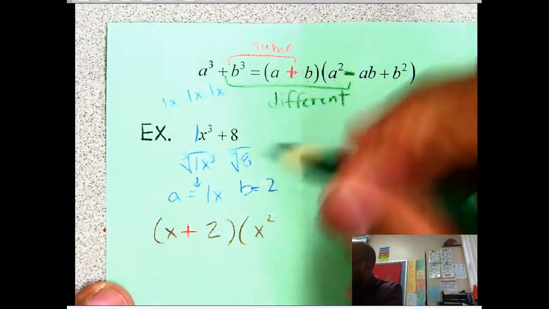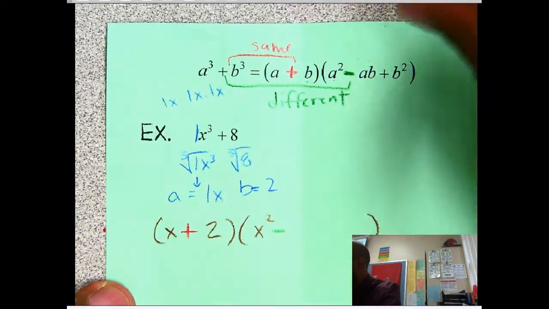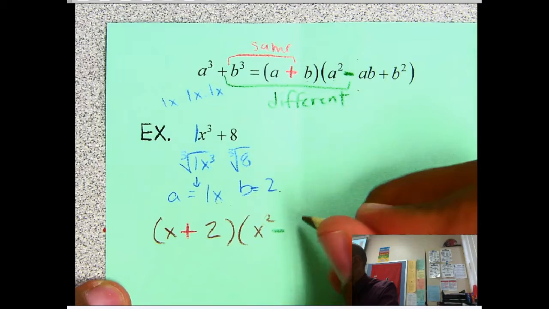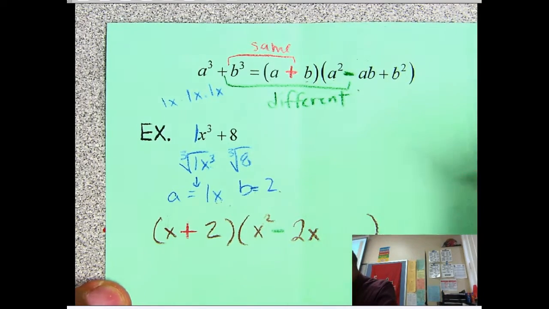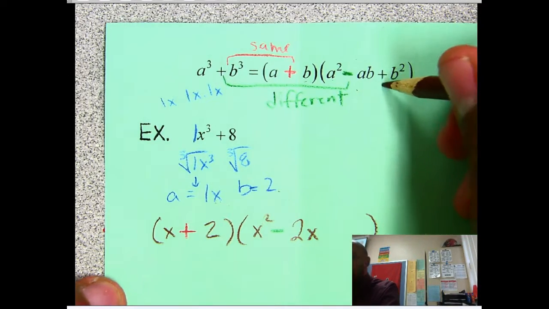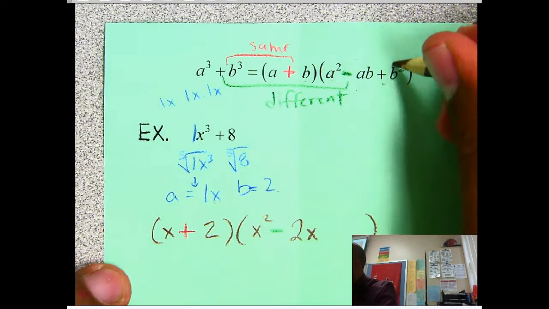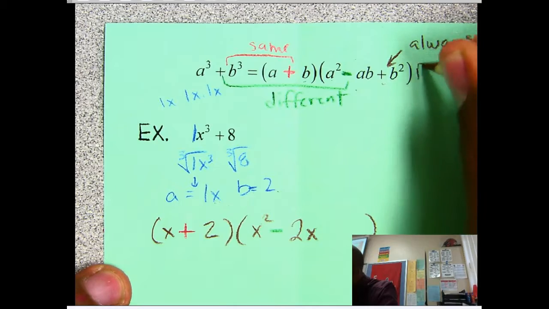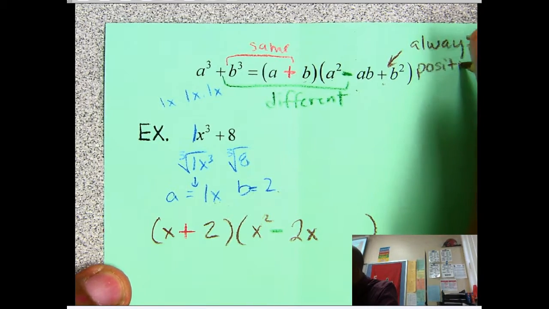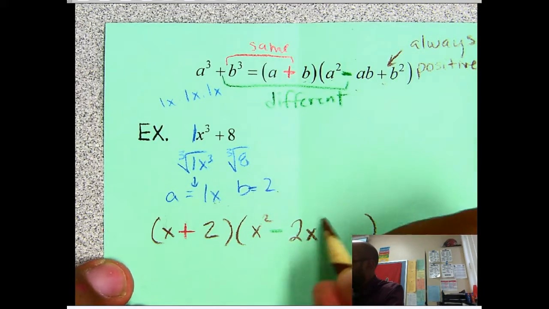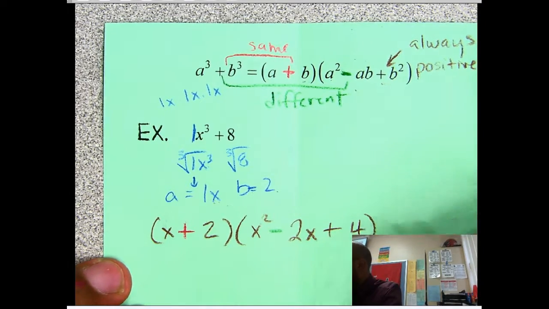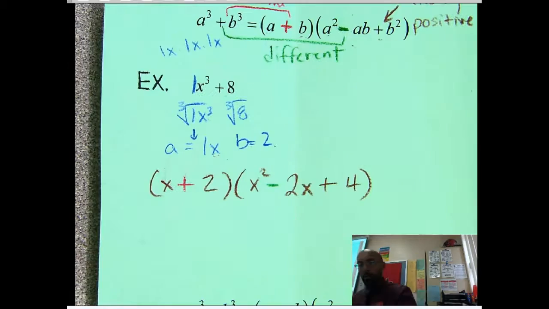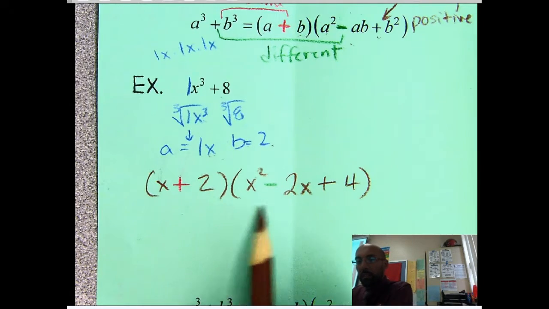Then minus, following again the same pattern, a times b, so x times 2, which is 2x. Then the sign in the back never changes, and it will always be positive. Always positive. So plus 4. Then you end up with these as your factors.